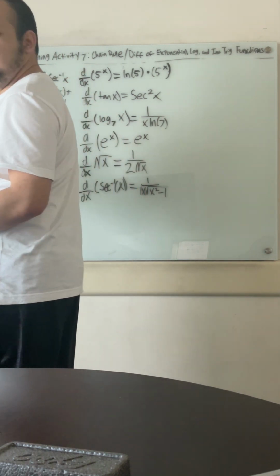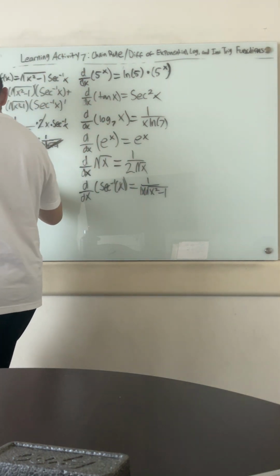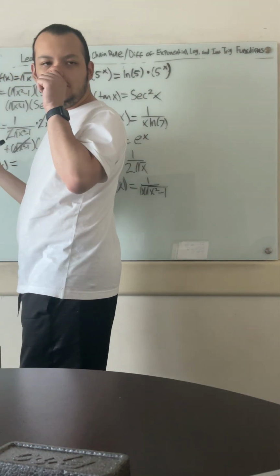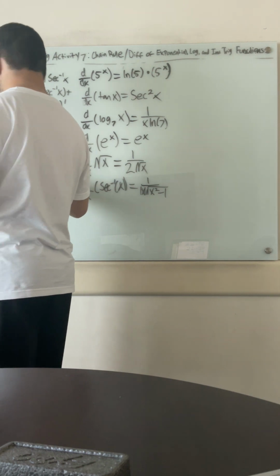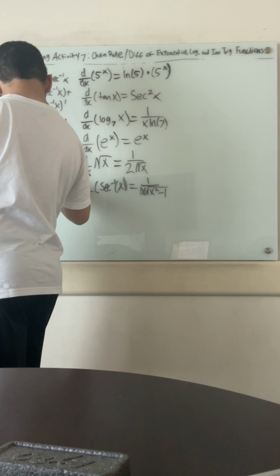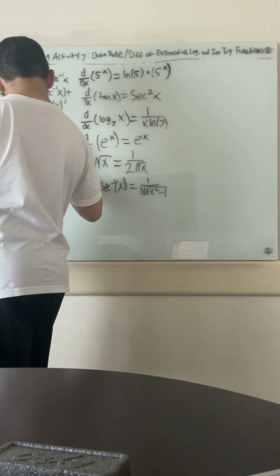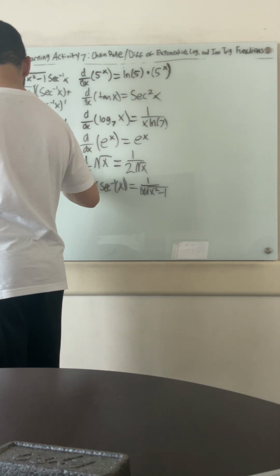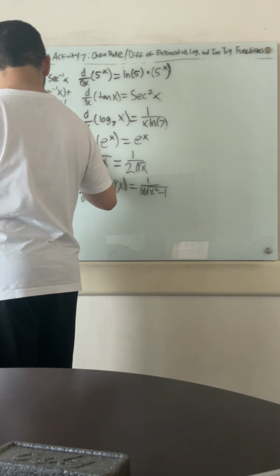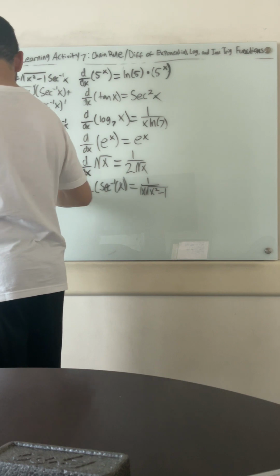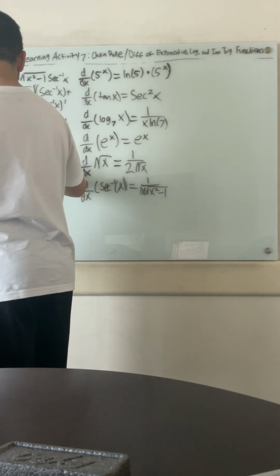And that just leaves us with f prime of x is equal to x times arcsecant of x over the square root of x squared minus 1 plus 1 over the absolute value of x. And that's our 5C.